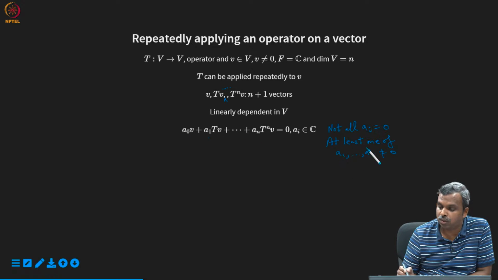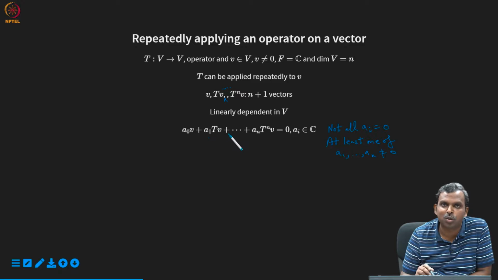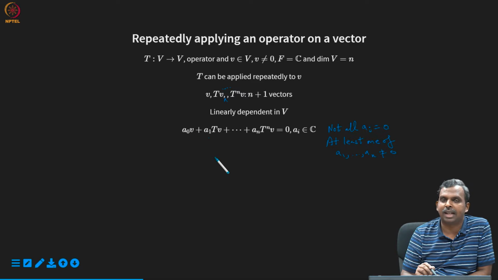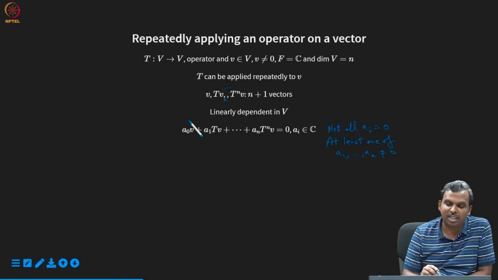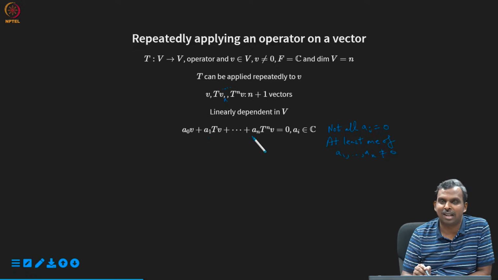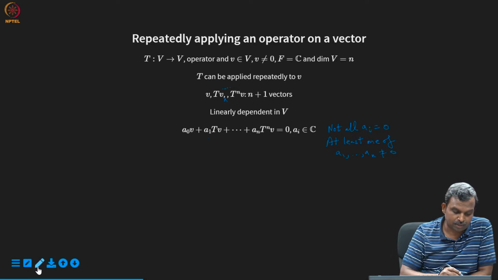So at least one of a1 through an will not be 0. This type of linear combination will definitely involve a T; without involving a T, you're not going to be able to cancel out the v. Think about why that is true. If a0 is 0, clearly one of these has to be non-zero. If a0 is non-zero, then one of these also has to be non-zero. That's the way to think of this result.